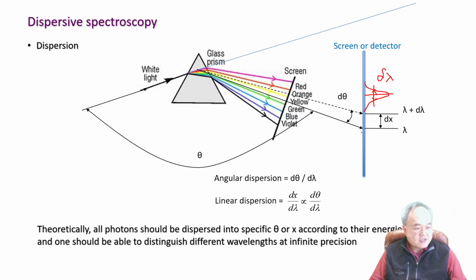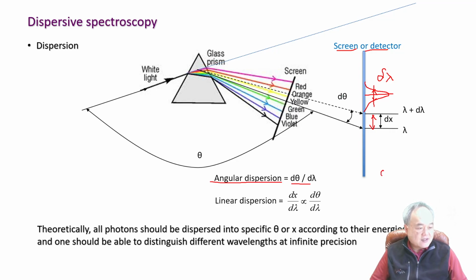Then the degree of dispersion, when measured in terms of the angle, is angular dispersion. But when it is projected onto the screen or detector, we can talk about the physical distance x instead of the angle theta.